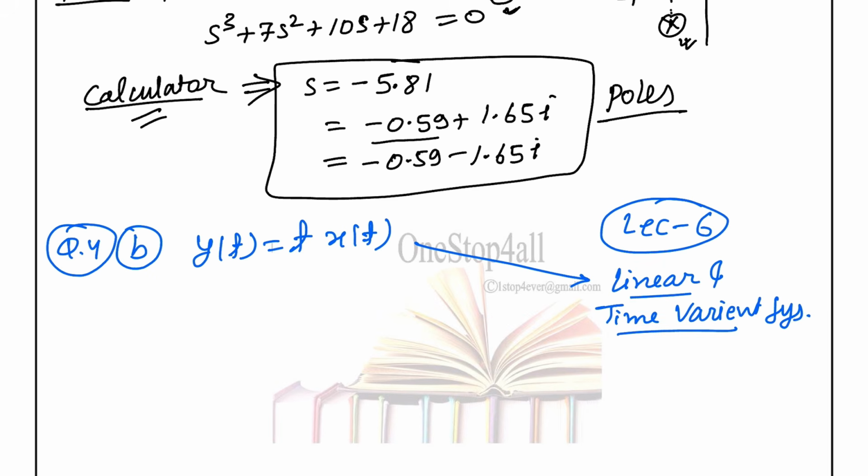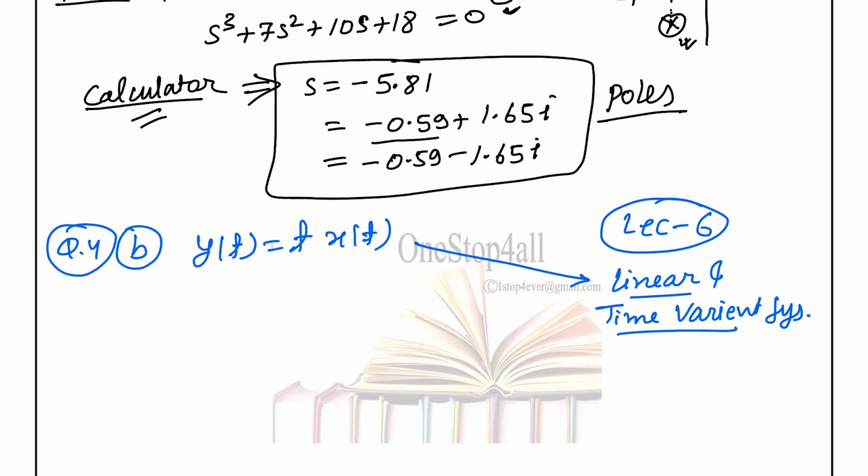For linearity, we solved just now the law of additivity and homogeneity. From that you prove that both conditions, the law of additivity and homogeneity, are satisfied, and hence this will be a linear system. For time invariance, we have another question.